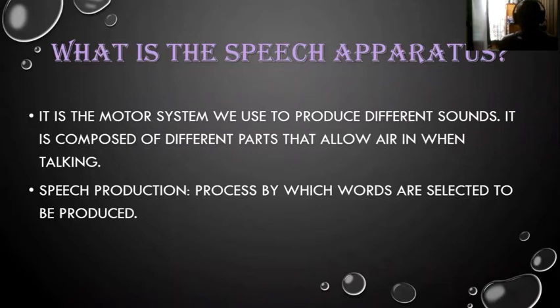It is composed of different parts that allow us to talk. We also have speech production, that is the process by which words are selected to be produced, the intonation, the stress, and how we spell the words, and all that stuff, right?